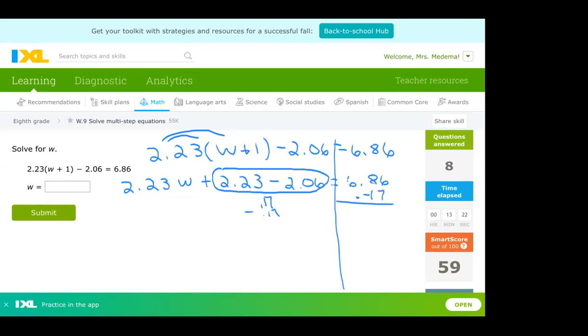And I get 2.23w on this side, and then 6.86 minus 0.17 is 6.69. And then divide away, we get w is, so 6.69 divided by 2.23 is 3.